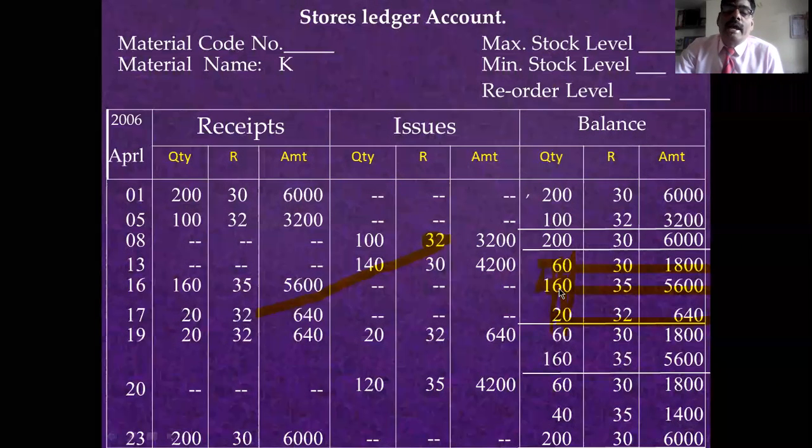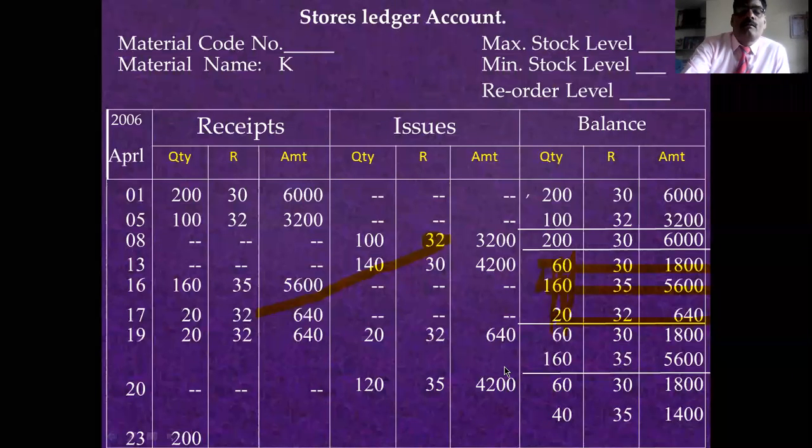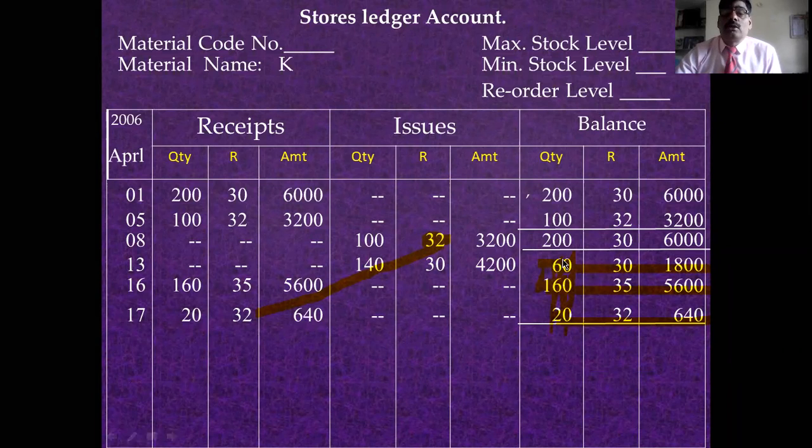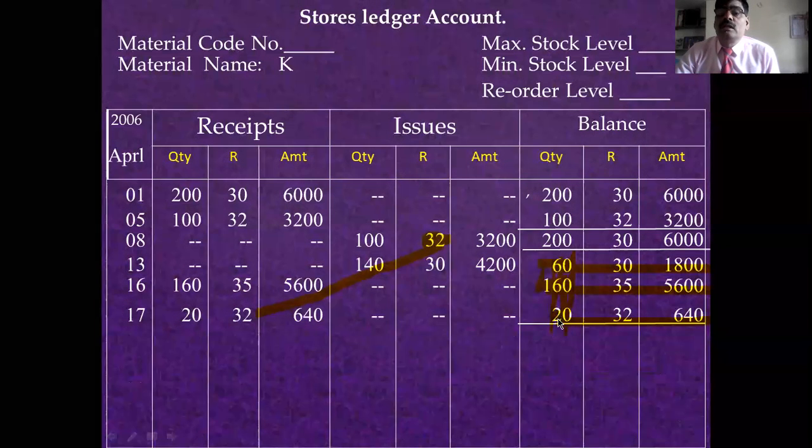But as per your stores ledger, first lot is 60 units, second lot is 160, third lot is 20. As per your record, this is the stock: 60 plus 160 plus 20. Total stock as per your record is 240. But actually there is 220.